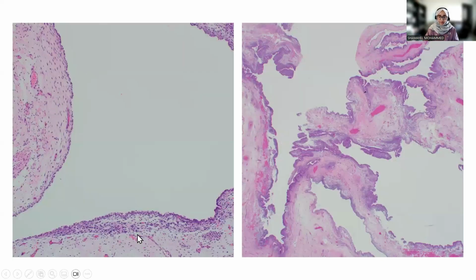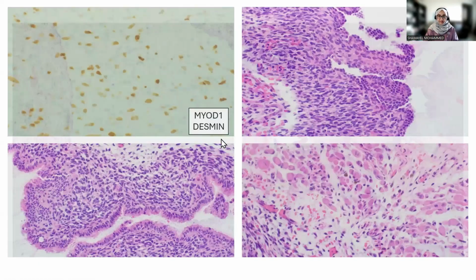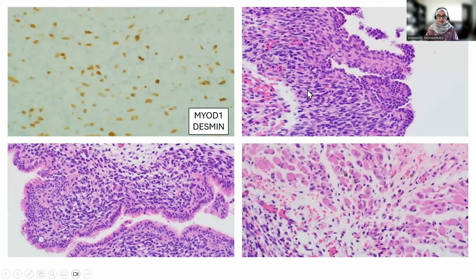So again, you have huge dilated cystic cavities, you have the epithelium, and underlying the epithelium, you will find the proliferation of spindle mesenchymal primitive-looking cells, which will be positive for myogenin and MyoD1 and desmin, and you can have rhabdoid differentiation.